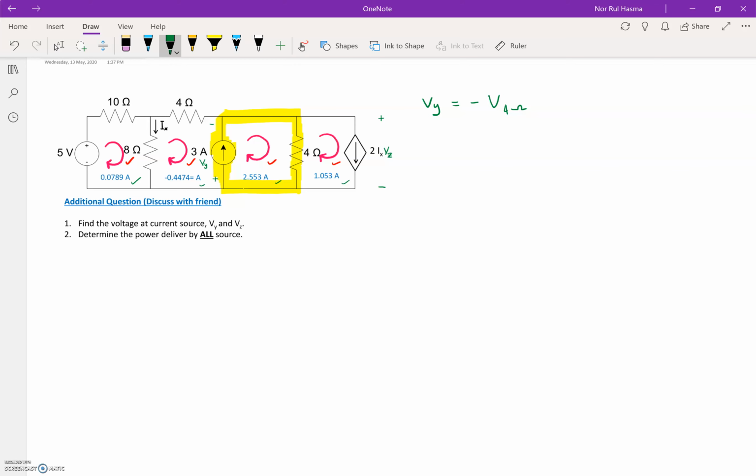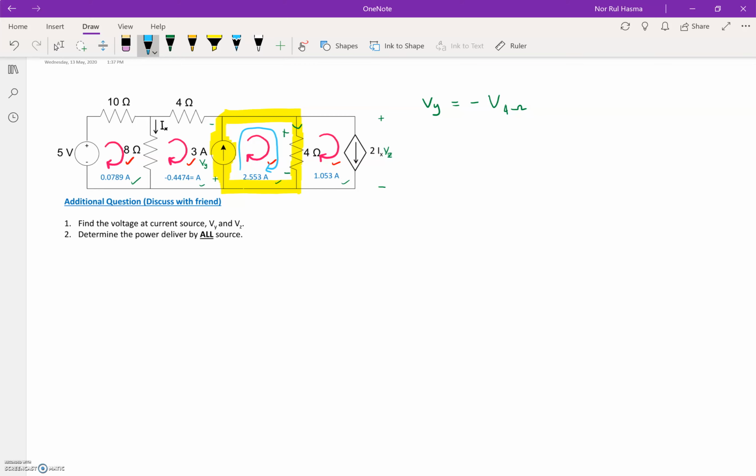As you can see, if we are considering the currents in the clockwise direction, the currents will enter through the 4 ohm in this direction, and then we assume that the current is positive. But the Vy is in an opposite direction, or we can use KVL to confirm the equation's polarity using this loop.